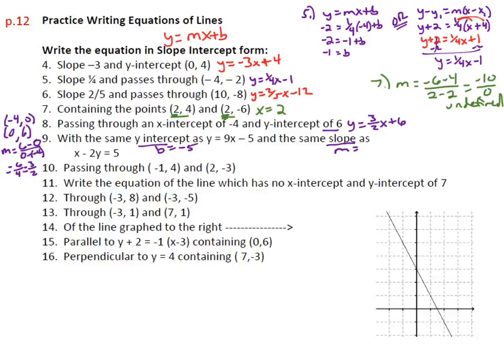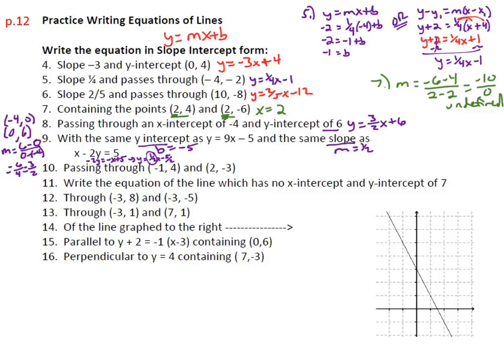Well, if I switch that to slope-intercept form, that's going to give me -2y is equal to -x plus 5. Dividing by -2, that's going to give me y equals a positive 1/2 x minus 5/2. Well, we just want that slope. So we're going to have a slope of 1/2.